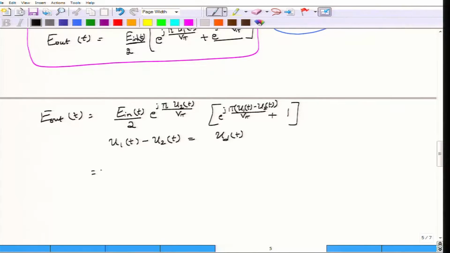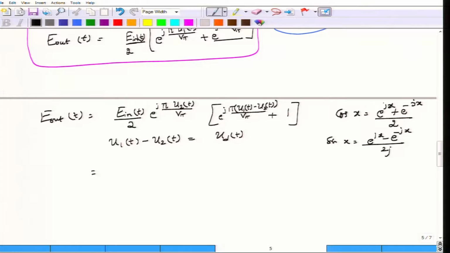So, further simplification can be performed by removing one half of this and then recognizing that the quantity inside is actually a cosine function, right. So, cos x is e to the power j x plus e to the power minus j x divided by 2, sin x is e to the power j x minus e power minus j x divided by 2j. If you remember these two formulas from Euler's identities, that would be helpful here.